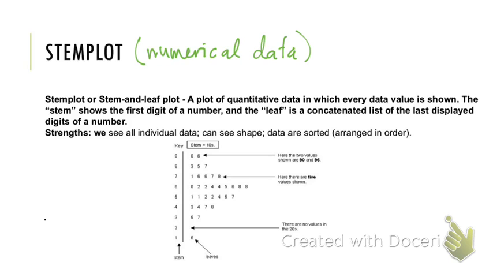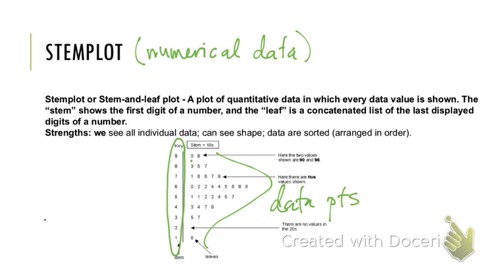So the stem, there's going to be a key for you, but the stem is usually like the 10s or the 100s or something like that. And then you have the leaves, which are individual data points. So all of these are the data points. The way that you read the shape, this is kind of interesting.